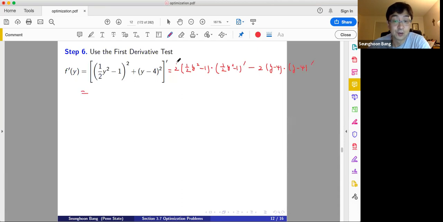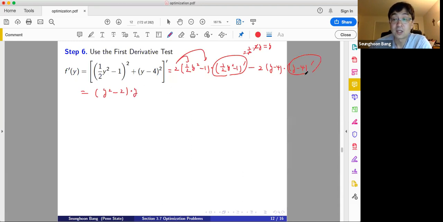You can distribute 2. The (1/2 y squared minus 1) prime is 1/2 times 2y, the 2 is crossed out, just y.